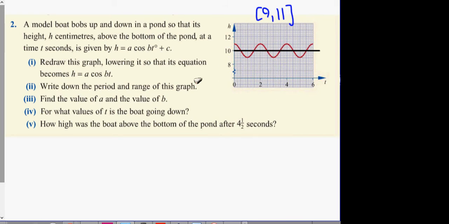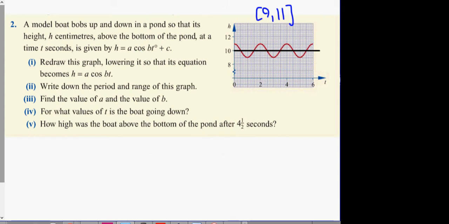Write down the period and range of this graph. So if the period is 2, what does that mean? It means t equals 2 makes it go 360 degrees. Do you understand that? Because cos repeats itself every 360 degrees.